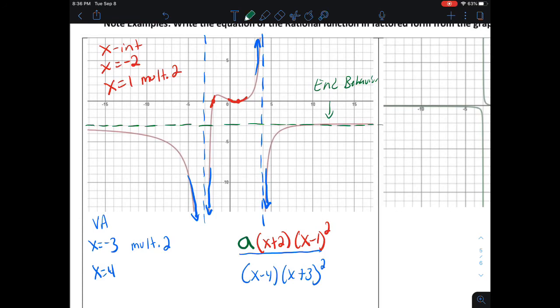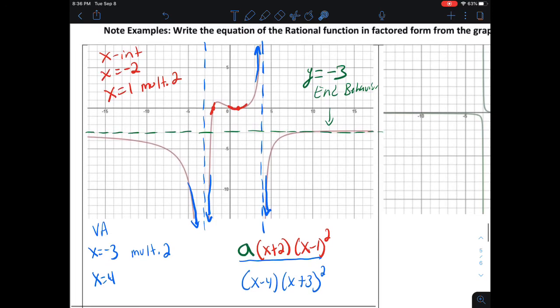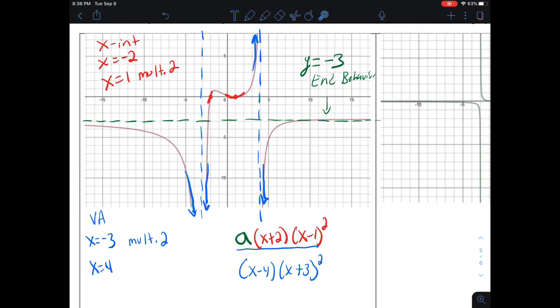So since the end behavior looks like it heads towards the horizontal asymptote of y equals -3, that means the ratio of the coefficients has to produce a y value of -3, which also tells me that the degrees of my numerator and denominator have to be the same.